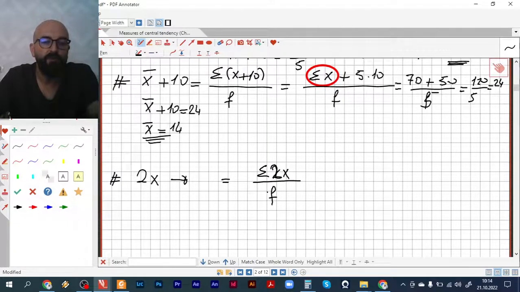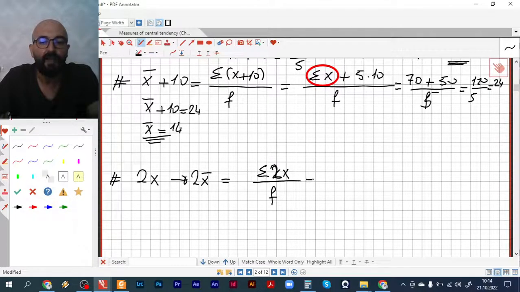If you want to take twofold of all x, you find 2 times the mean, because you took 2 times all x.